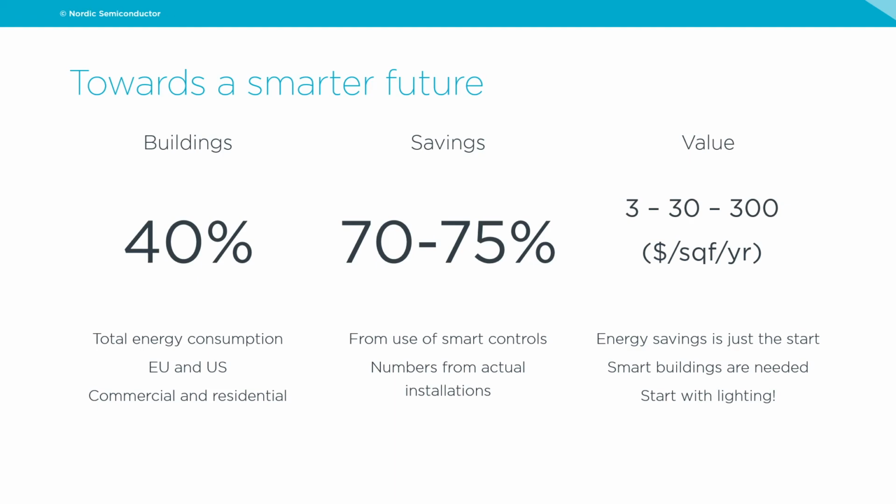When it comes to value, people in the commercial building market talk about the 300 rule, where those numbers are in dollars per square foot per year.